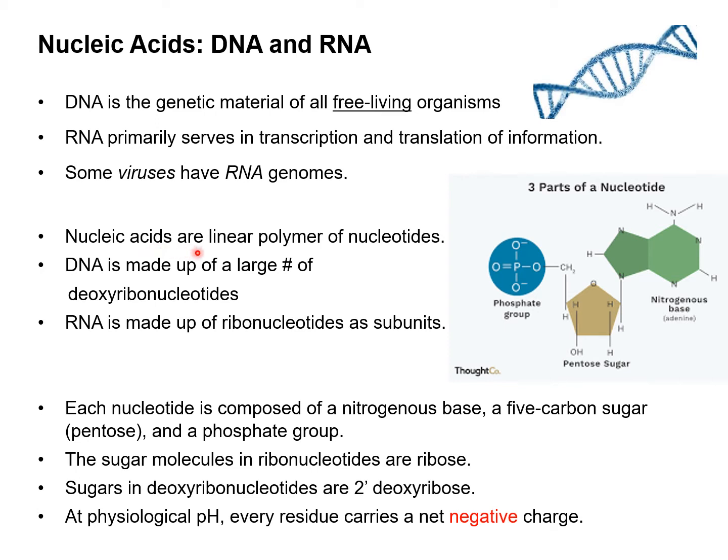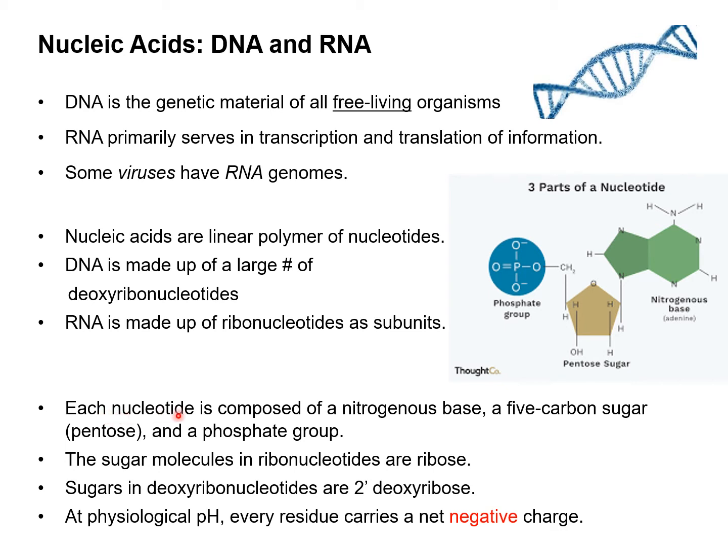And nucleic acids are linear polymers of nucleotides, which means that a nucleotide is a building block for nucleic acids such as DNA and RNA. DNA is made up of a large number of deoxyribonucleotides, which is a subtype of these nucleotides. However, RNA is made up of ribonucleotides, which is slightly different from these deoxyribonucleotides, as subunits.